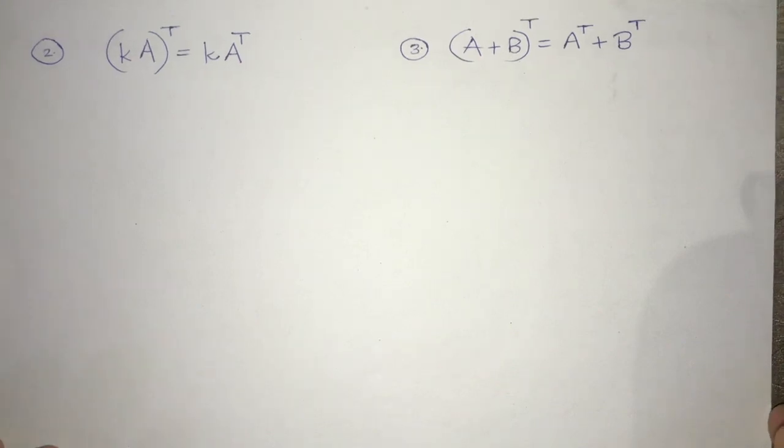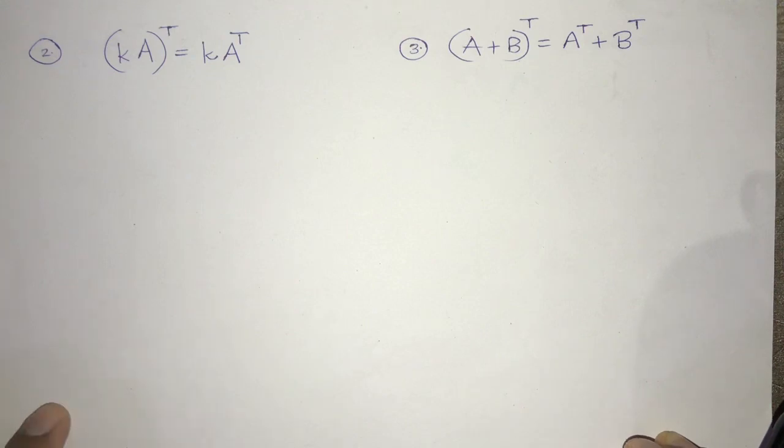Okay, the next property is about a scalar. If a scalar K is multiplied to A and then we take the transpose, or we multiply the scalar outside and we take only the transpose of the matrix A, it's one and the same.